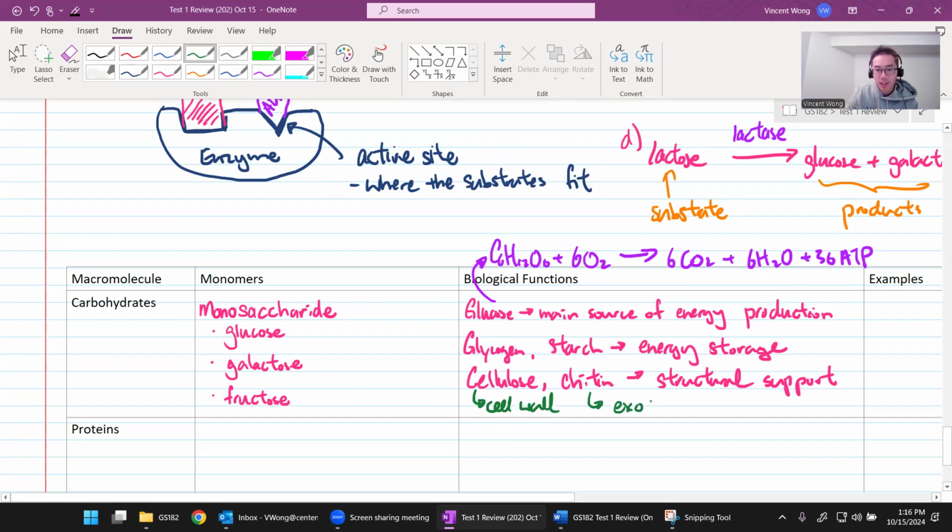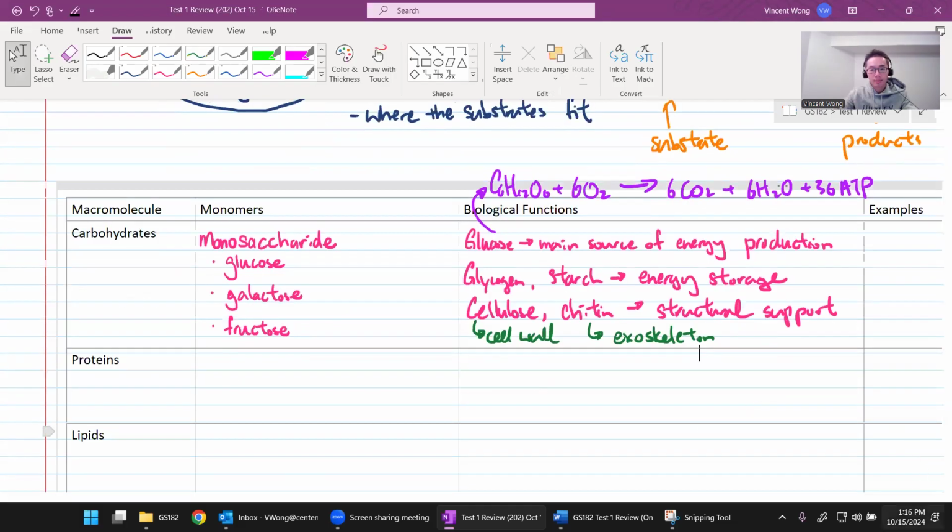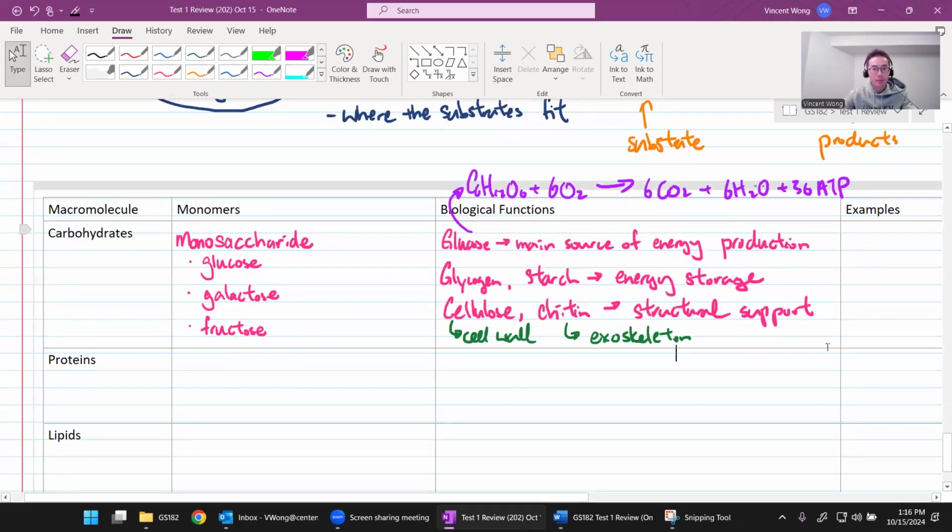Chitin would be the exoskeleton of insects, crustaceans, like the lobsters and the crabs and whatnot. Okay, I think that's pretty much all the stuff for carbohydrates.